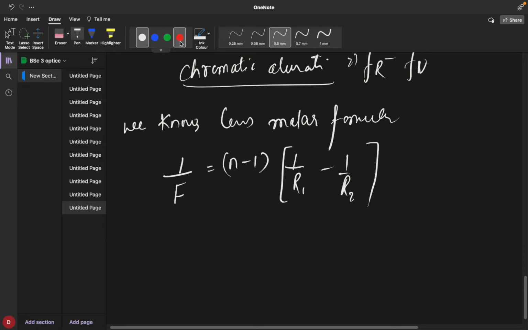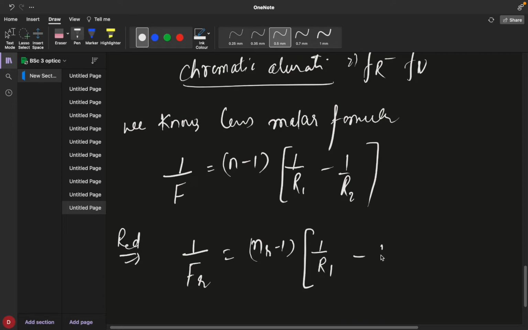If we talk about red color, 1 upon Fr is equal to (Nr minus 1), the refractive index for the individual color, red, times (1 upon R1 minus 1 upon R2). Say this is equation 1.